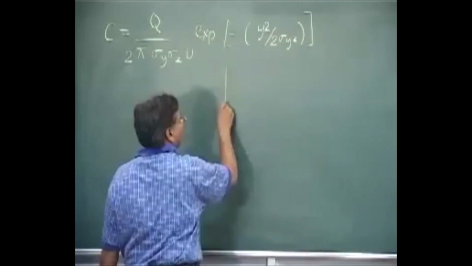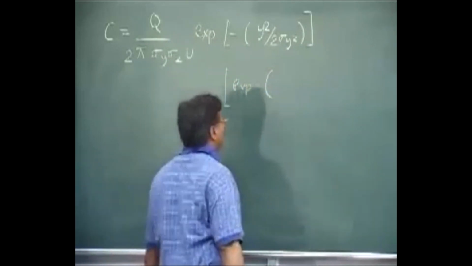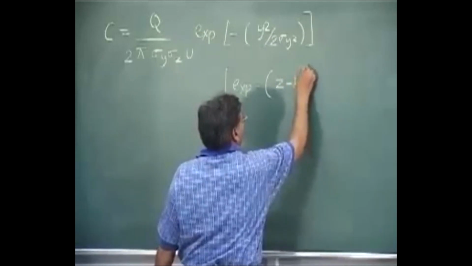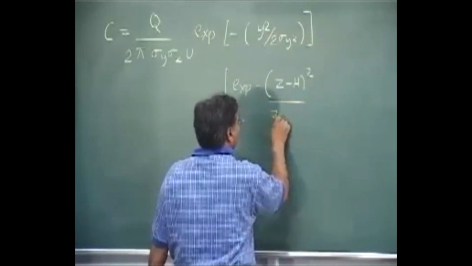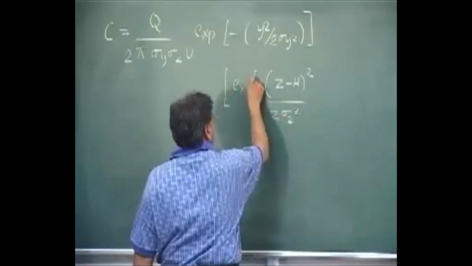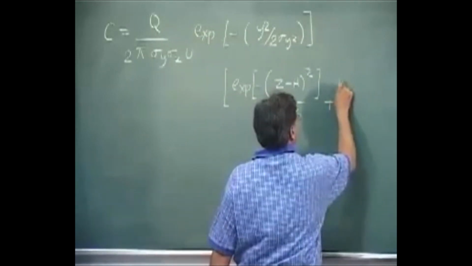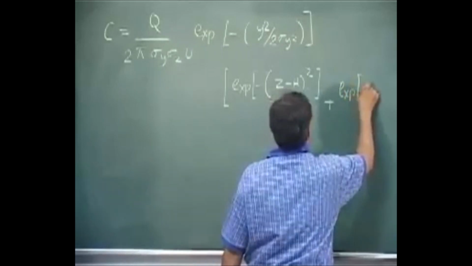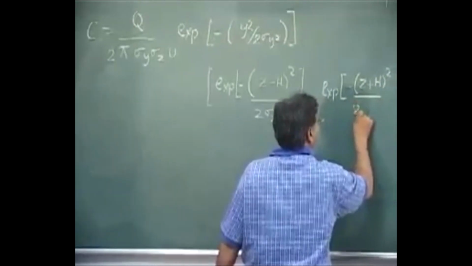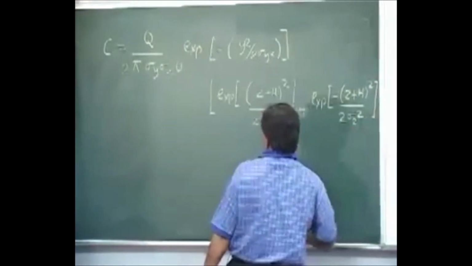Okay, then a large bracket, exponential minus (z minus h) whole square by 2 sigma z square, plus exponential minus (z plus h) whole square by 2 sigma z square, close this one, okay, and close.